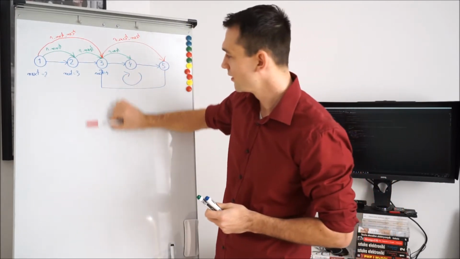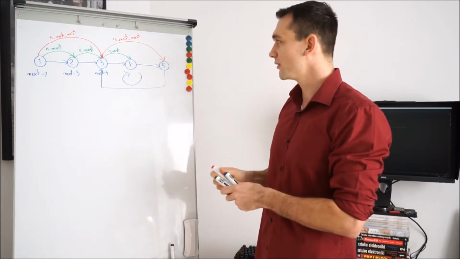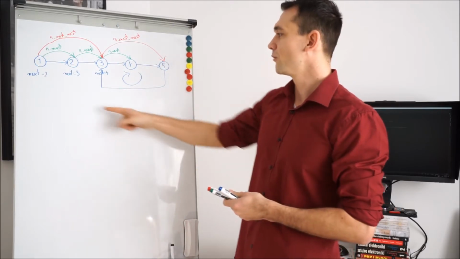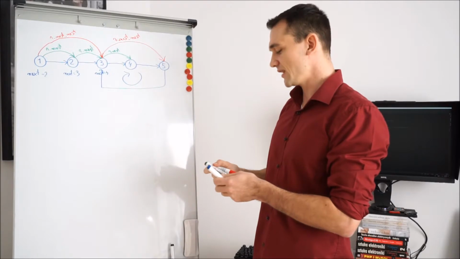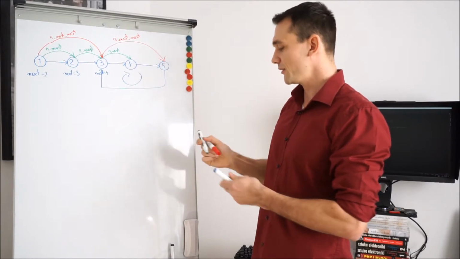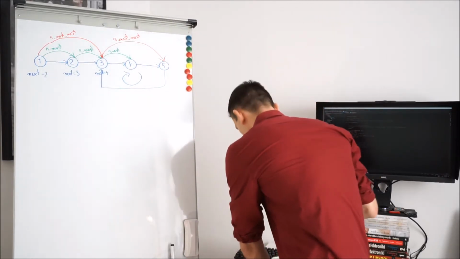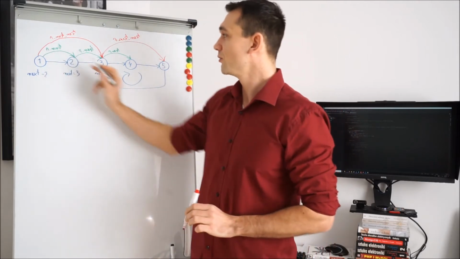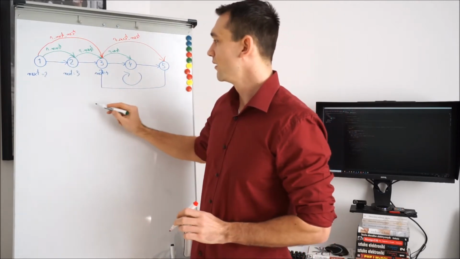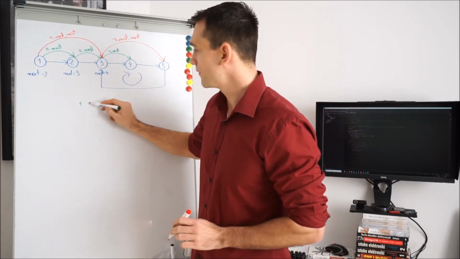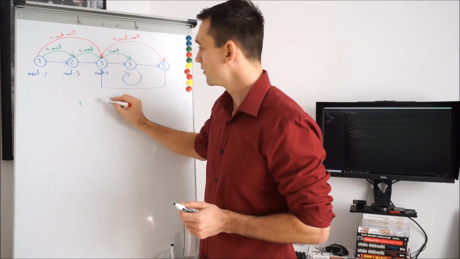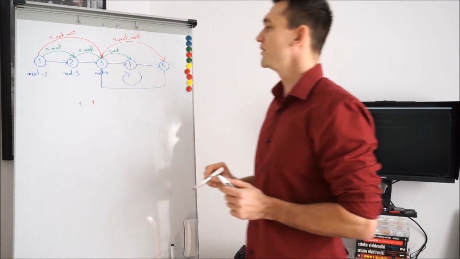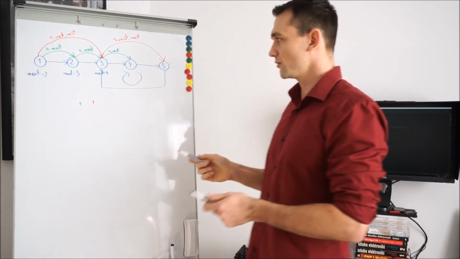Let's write down where we will be in each step. Iterating with the speed of 1, we are first on the first node, and for speed 2 we are also on the first node.